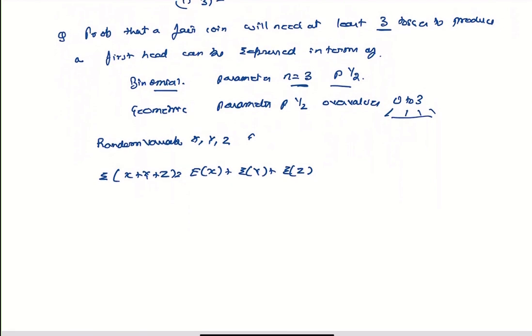But if they are independent, then variance of x plus y plus z is equal to variance of x plus variance of y plus variance of z.